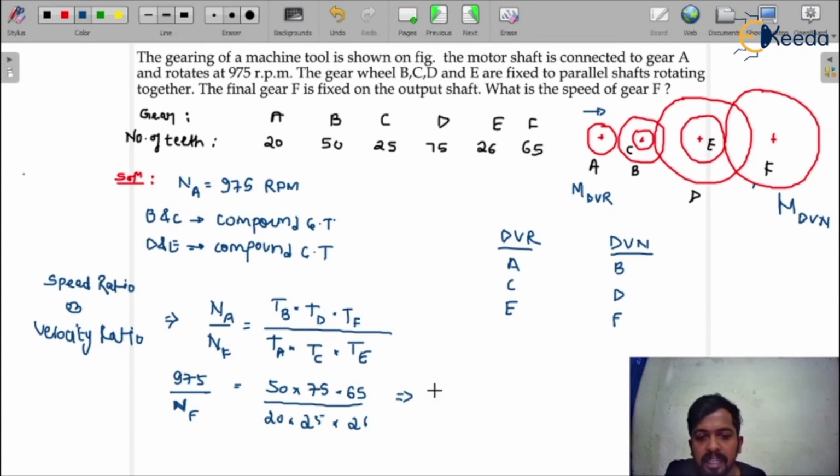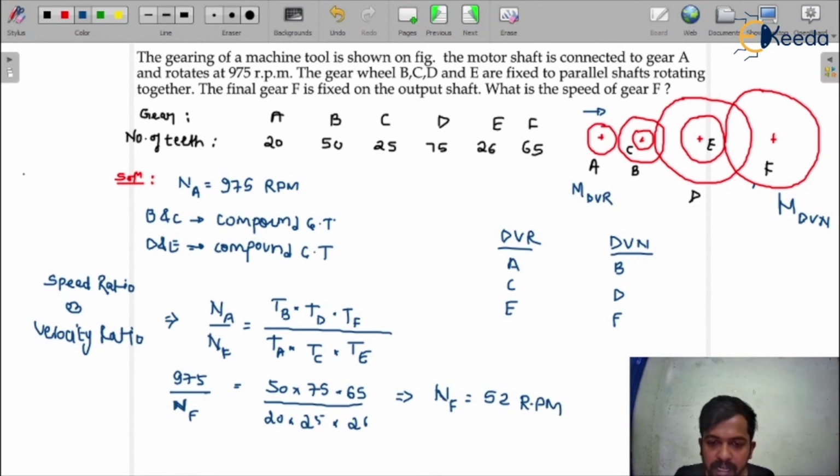When you calculate this, you will get the value of 52 rpm. 52 rpm would be the final answer.